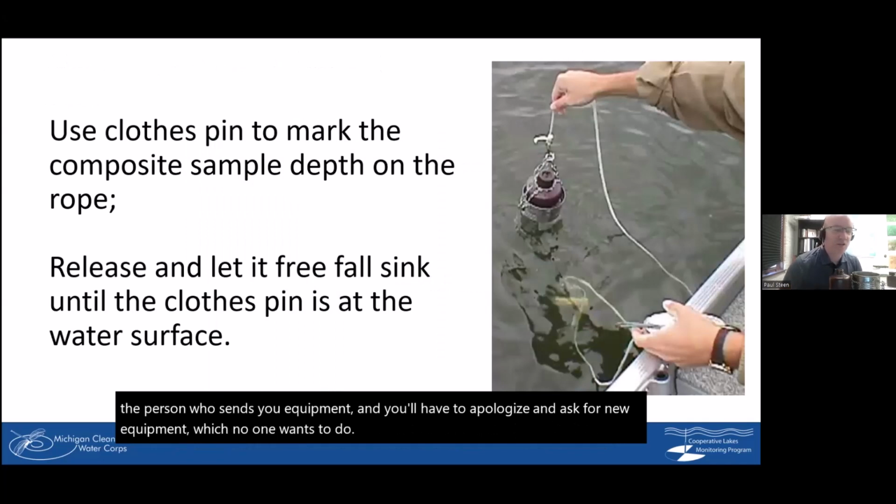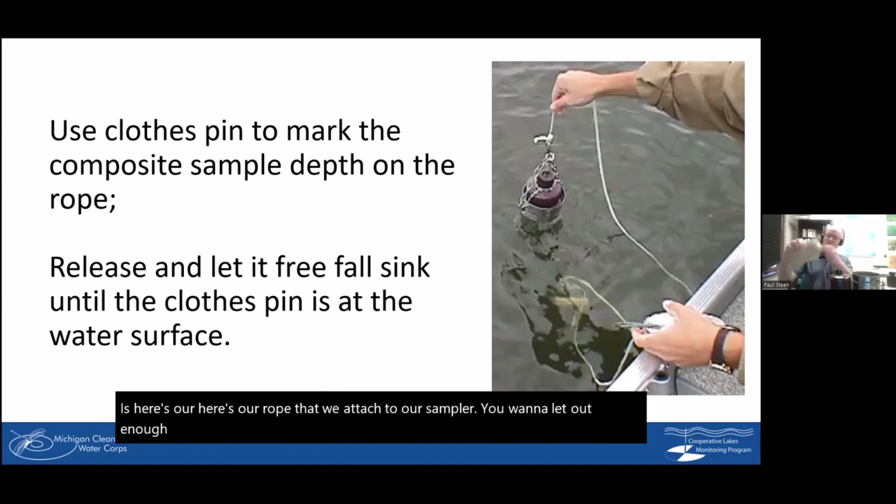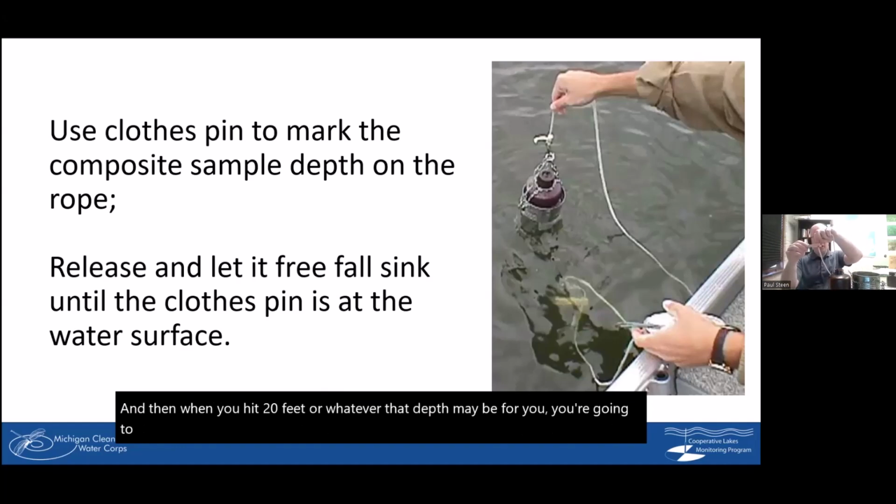Okay, the next thing you do is here's our rope that we attach to our sampler. You want to let out enough rope that you can go all the way to that composite sample depth. So let's say I'm letting out 20 feet here. And then when you hit 20 feet, or whatever that depth may be for you, you're going to mark it with a clothespin.